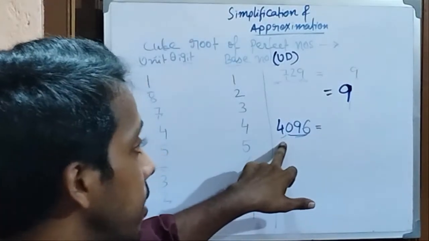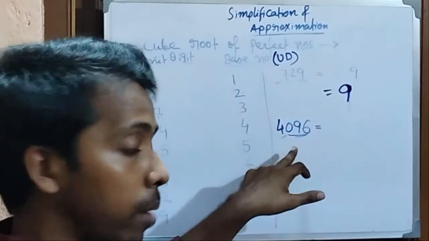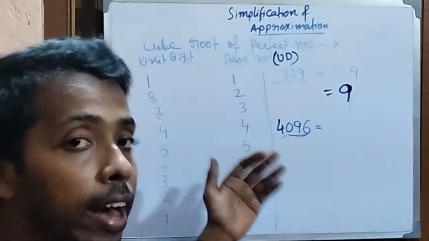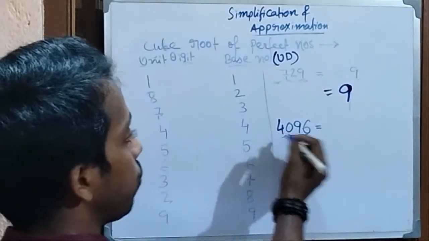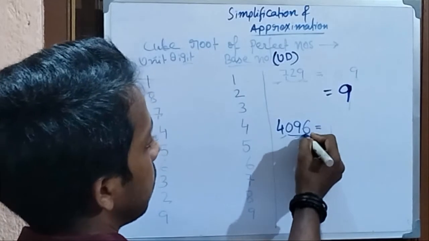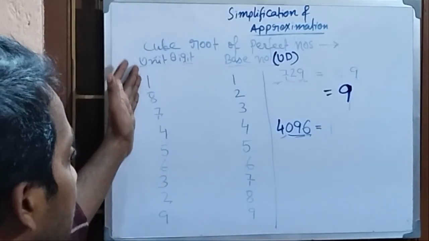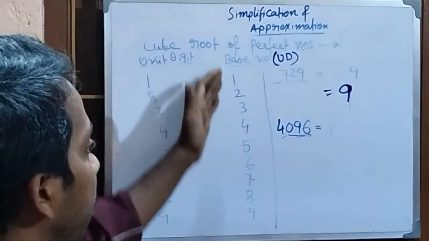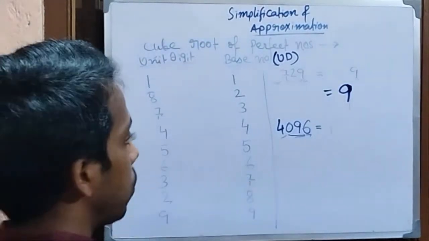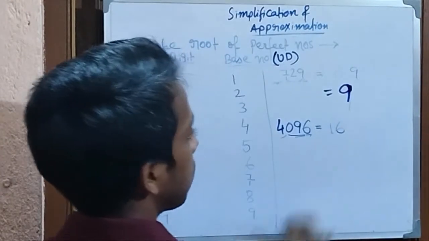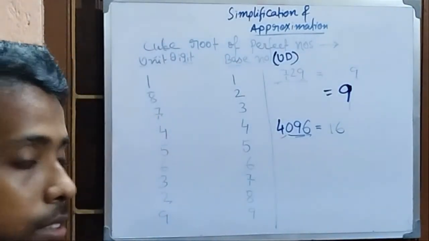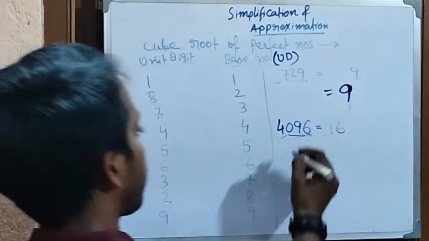So take less than the given number, but as close to it as possible. So close to 4, and here 6 is there. So 6 is in the perfect cube, and if 6 comes, the base number would be only 6. So 16 is the answer, right?